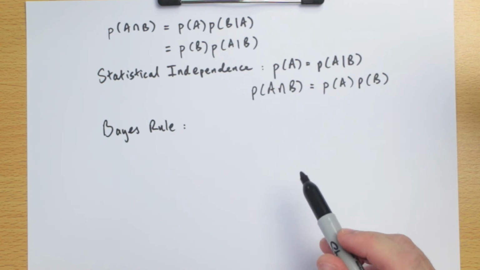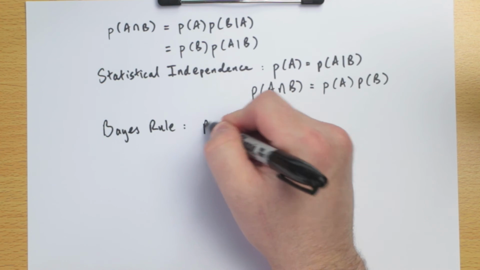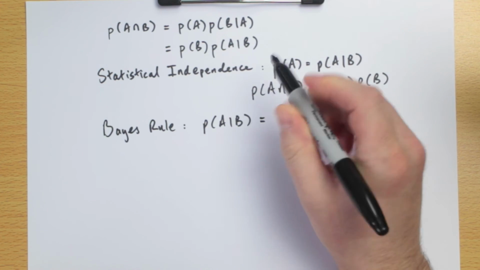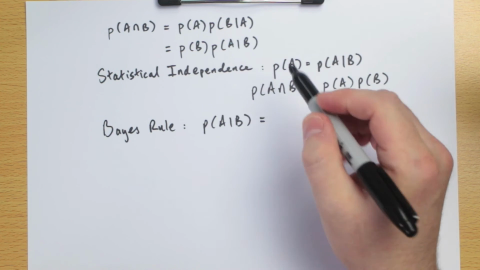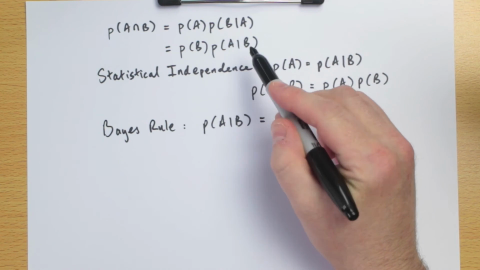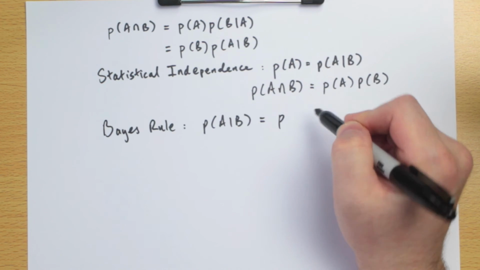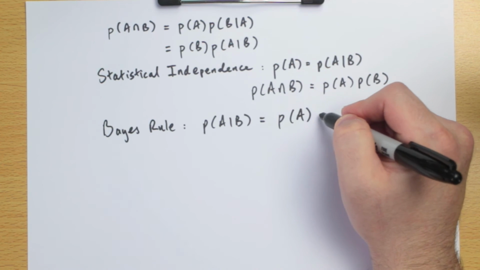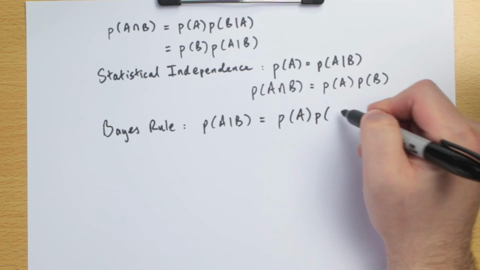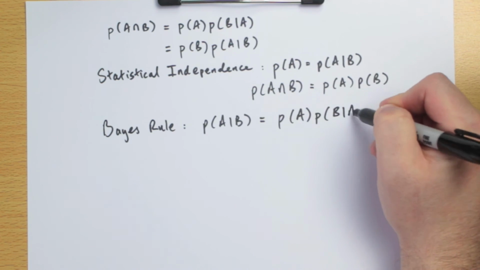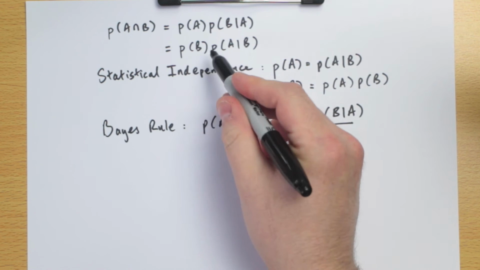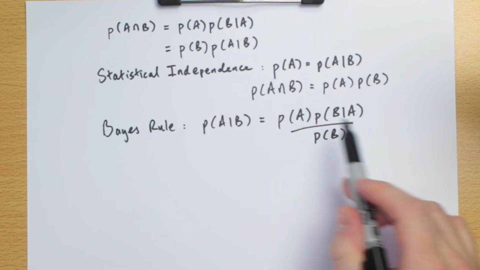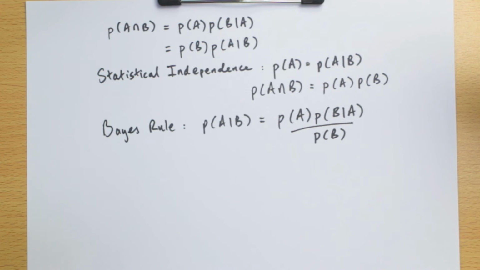The conditional probability of A given B can be found by calculating, so I'm just going to rearrange these terms, the probability of A multiplied by the probability of B given A, and then divided by the probability of B. Okay, so expressed this way, this relationship is often called Bayes' rule.